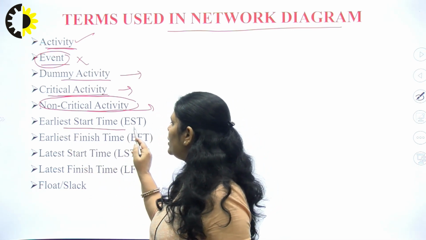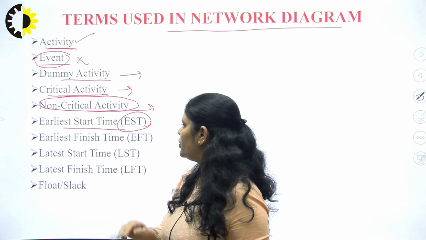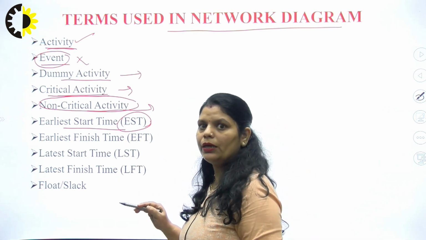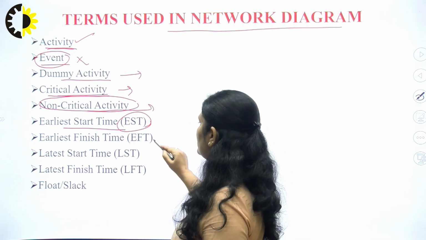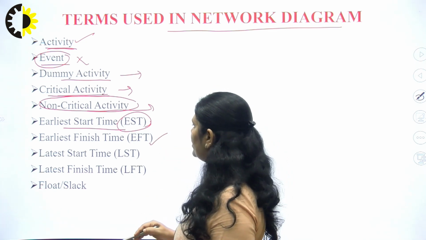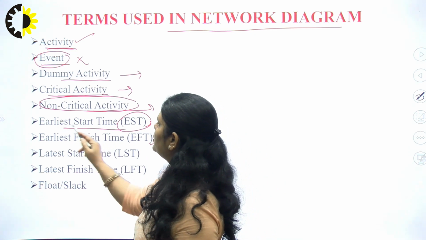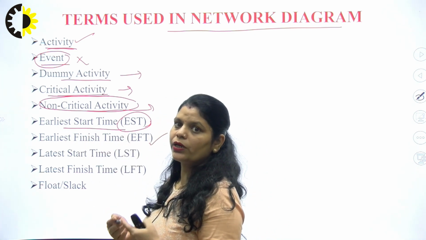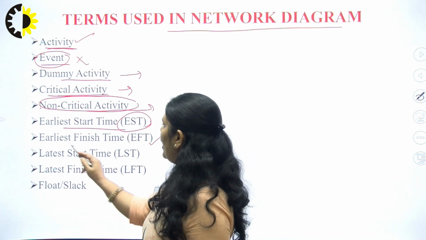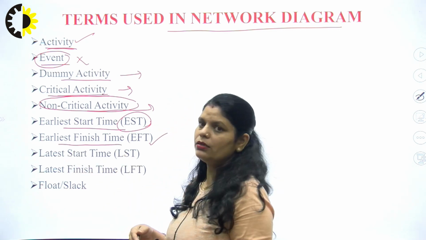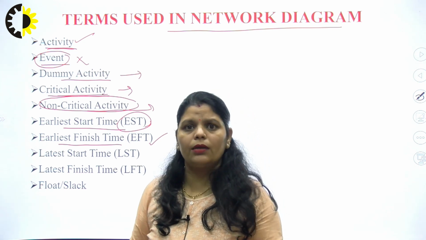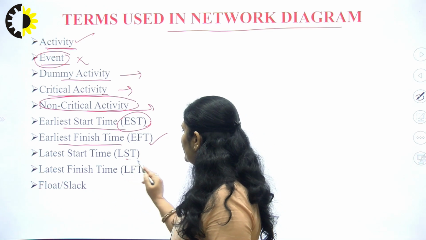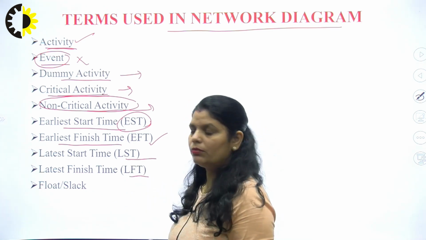Now, the terms that we are going to use in our problems related to CPM and PERT are EST and EFT. EST is basically the earliest start time, meaning the earliest time at which we can start an activity, and the earliest finish time means the earliest time at which we can finish our activity. Okay. Then we will use the LST and LFT terms also.